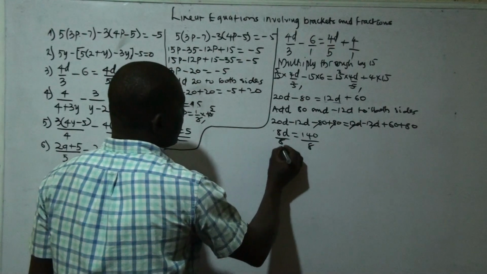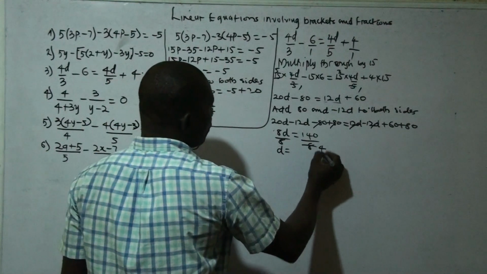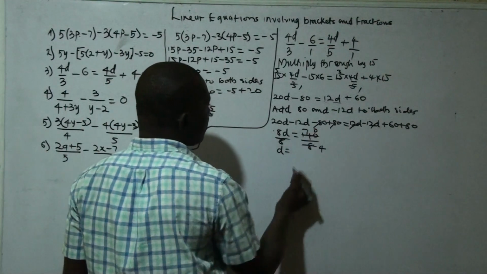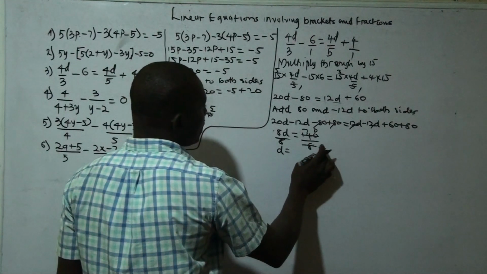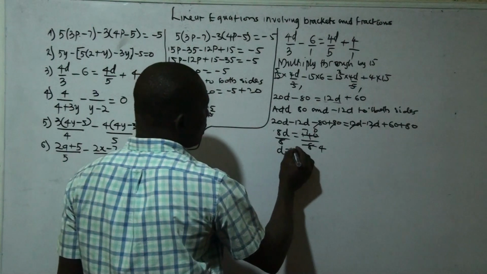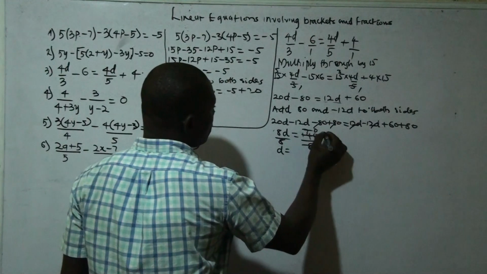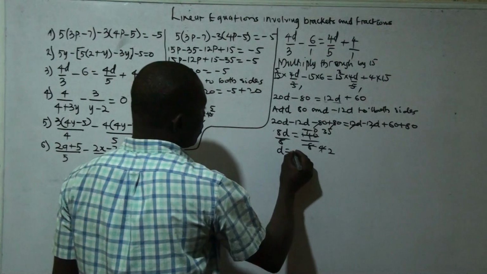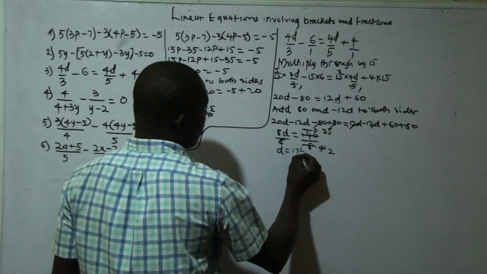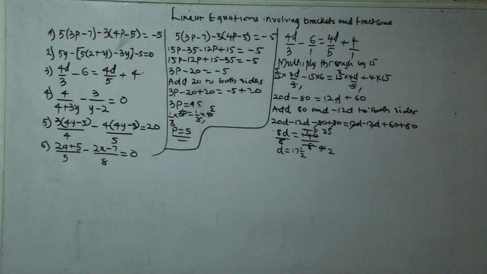So our d becomes, 2 into 4 is 4, 2 into 140 is 70, then 2 into 70 is 35. So our answer is 17 and 1 over 2. That is the value of d in that question.